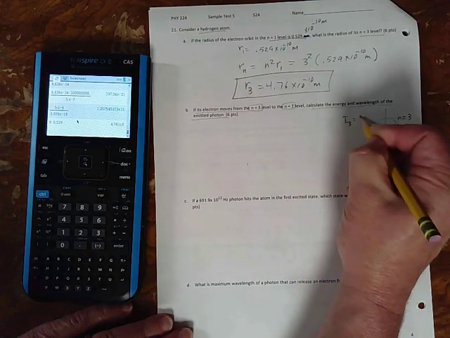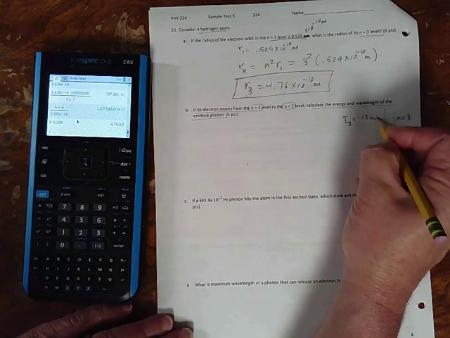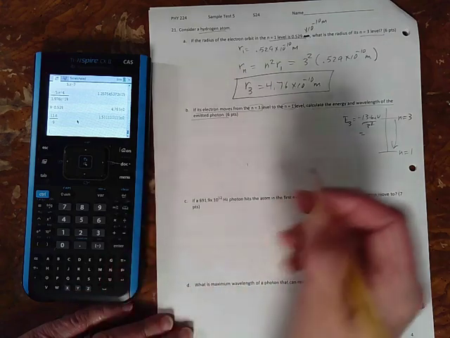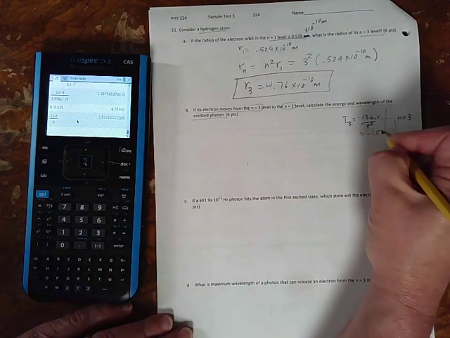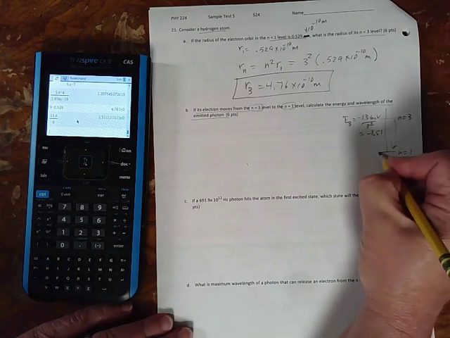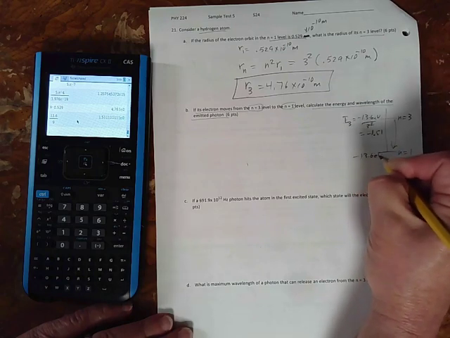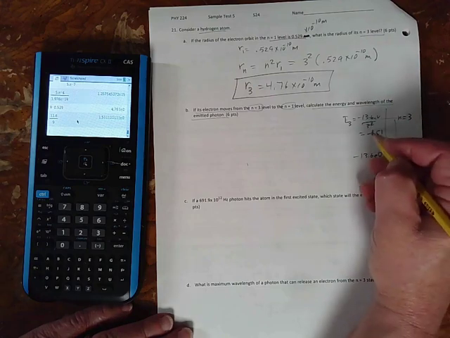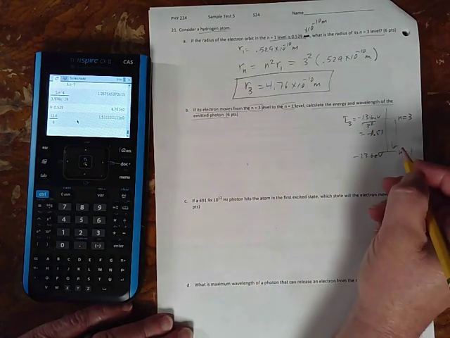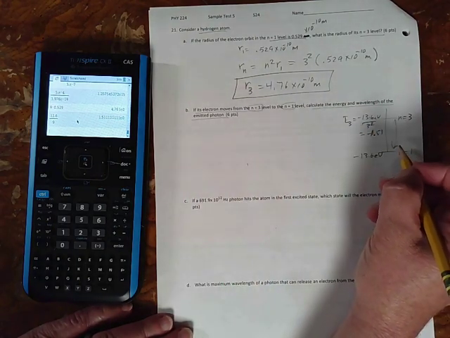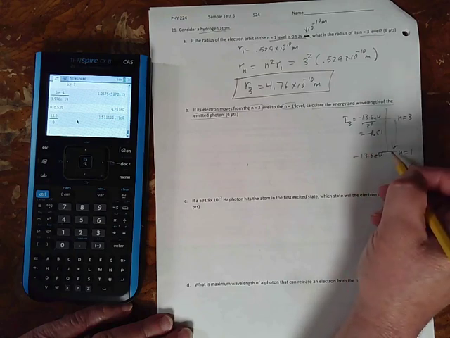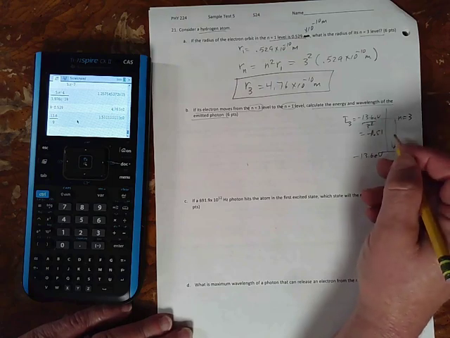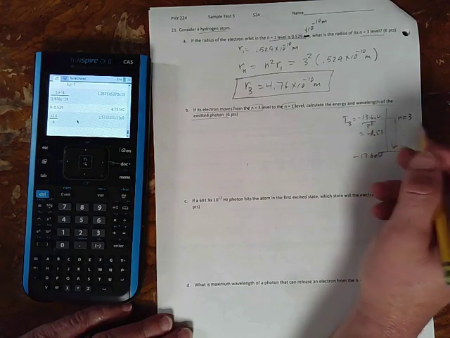E3 is negative 13.6 eV over 3 squared, so 13.6 divided by 9 is negative 1.51 eV, and n equals 1 is the negative 13.6 eV level. The amount of energy it gives up is final minus initial. That's how much it loses, so that's how much the photon gains.